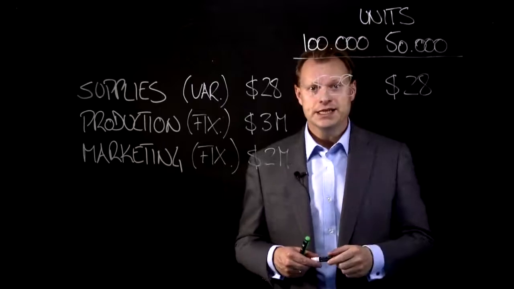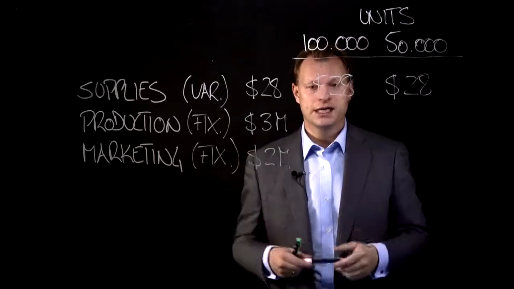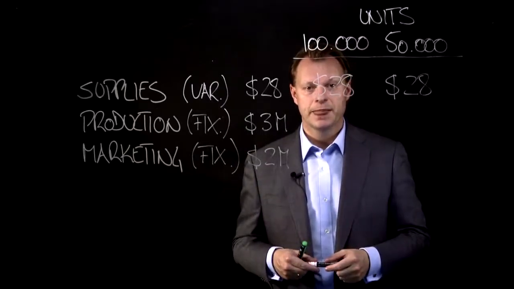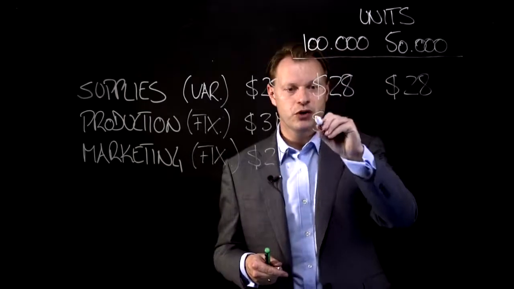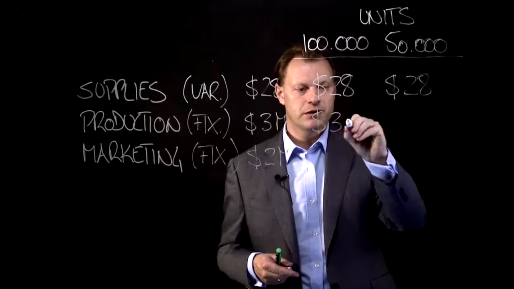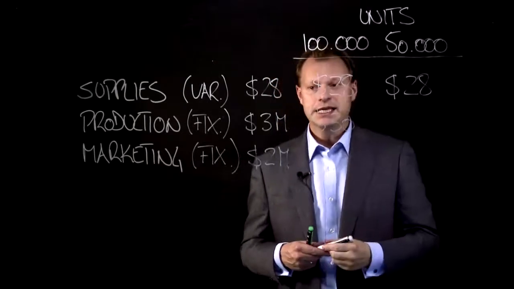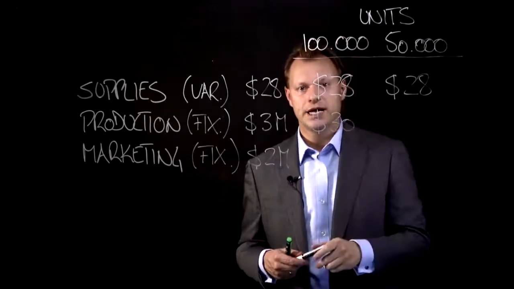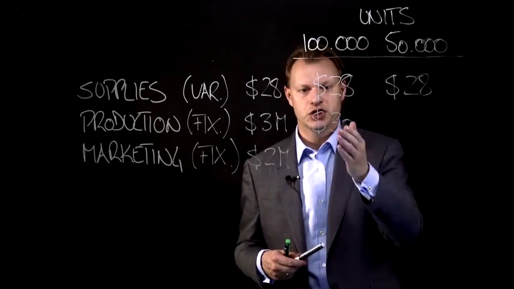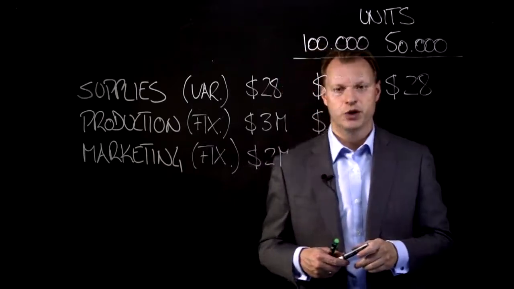If we go to the row that highlights that we're selling 100,000 units, we would see that the cost per unit would be $30. This is easily calculated taking the $3 million divided by the 100,000 units, which results in $30 per unit.